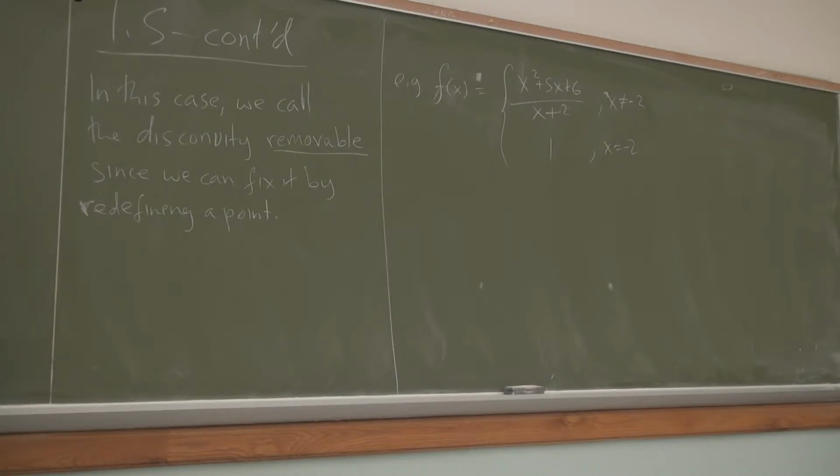What happens at minus 2? It's discontinuous at minus 2, but everywhere else it works. That's what you think? Okay, prove your claim. How would you go about proving that it's discontinuous at minus 2?